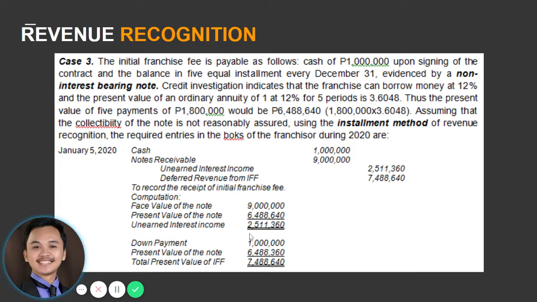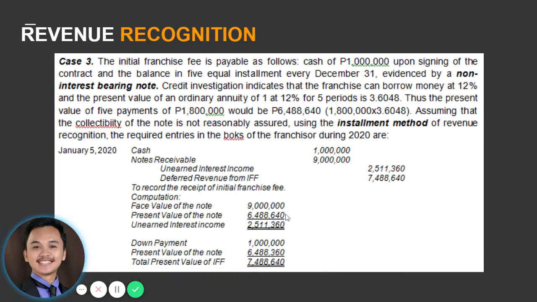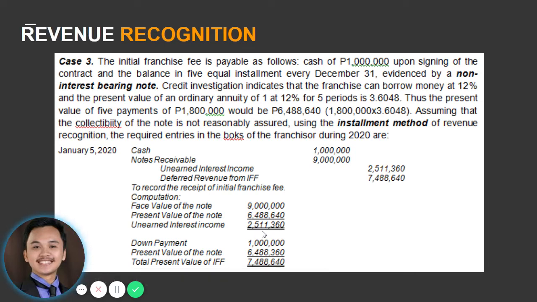So we have unearned interest income of 2,511,360. That is the difference between the face value of the note of 9 million and the present value of the note on January 5, 2020, which is 6,488,640. So that means there is an unearned interest of 2,511,360. So credit to unearned interest income.